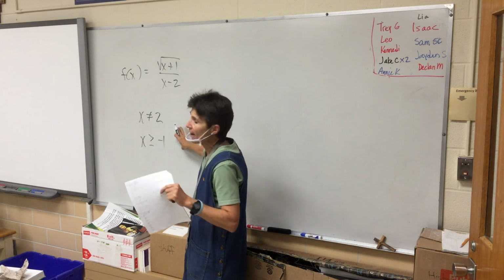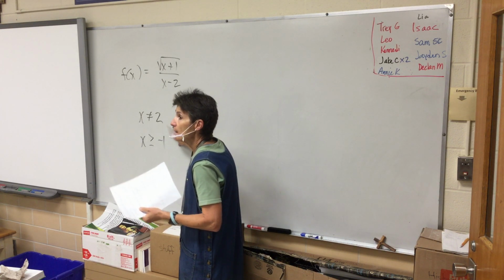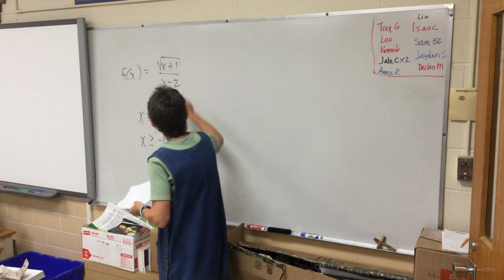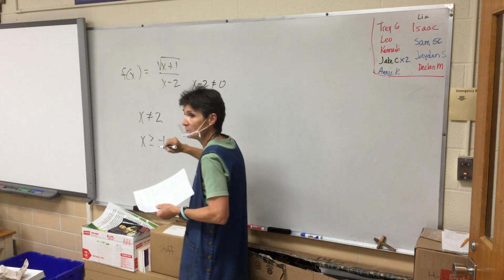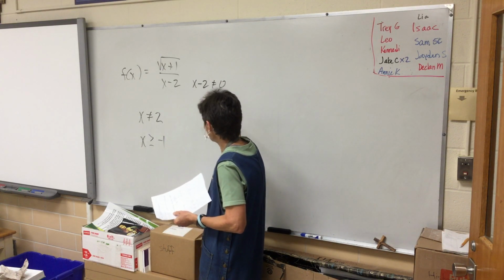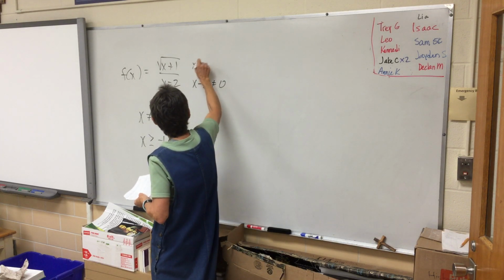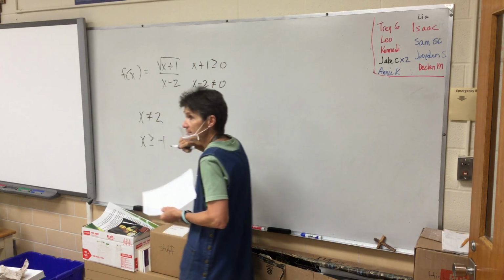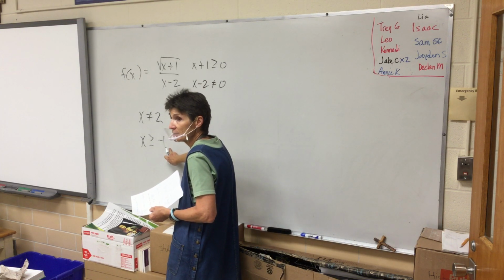Having done all the practice that we've done, you could jump straight to this. But the work behind that is that whatever is in the denominator cannot be 0. So when I solve that, I get this. And then whatever is under the radical has to be greater than or equal to 0. So when I solve that, I get this.